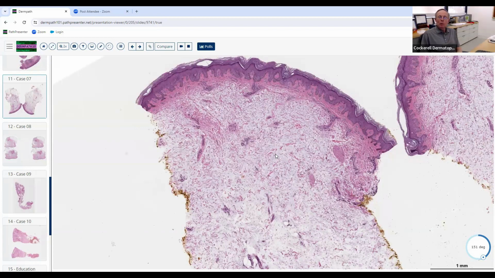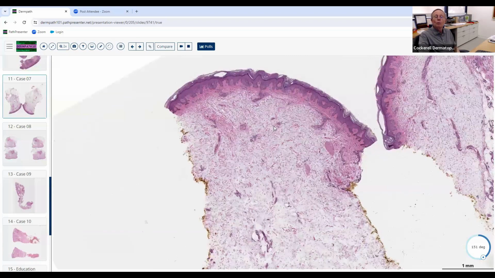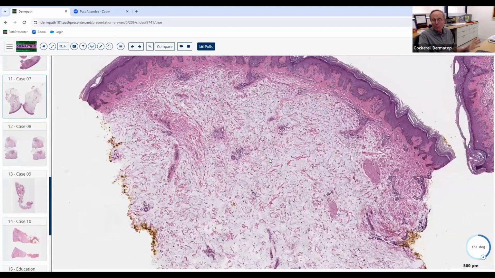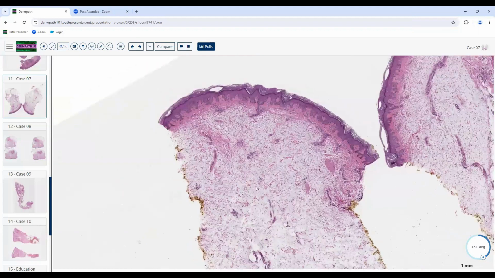Not really. Usually scleredema is massive thickening of the collagen, and if you see mucin in there, it's just between and among collagen bundles. There's not a lot of it in there. So you would never get a massive lake of mucin like you would see here in pretibial myxedema. That is the diagnosis, by the way. So you're right. But there's a couple of other things.